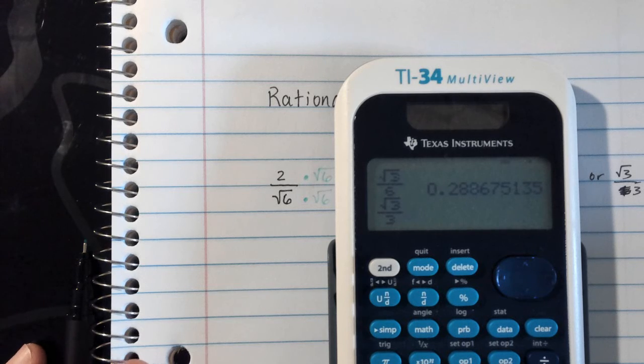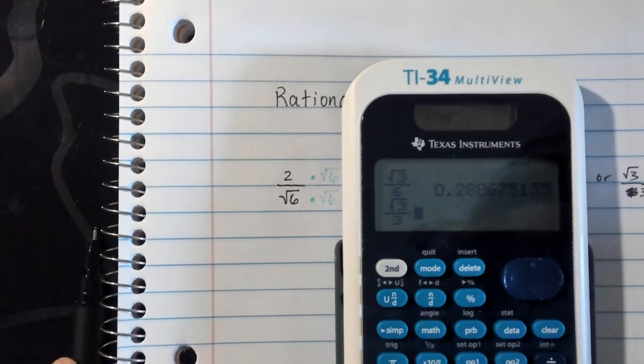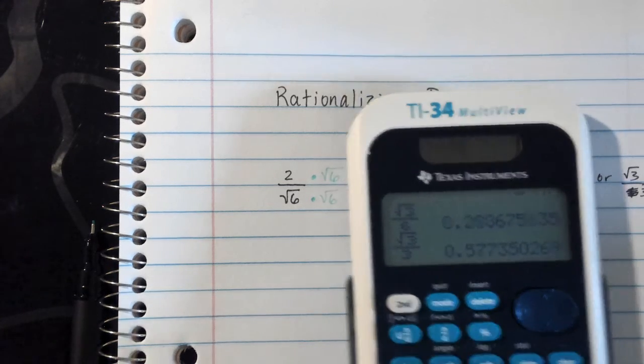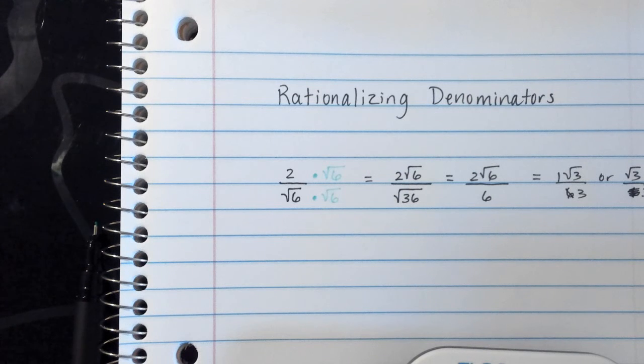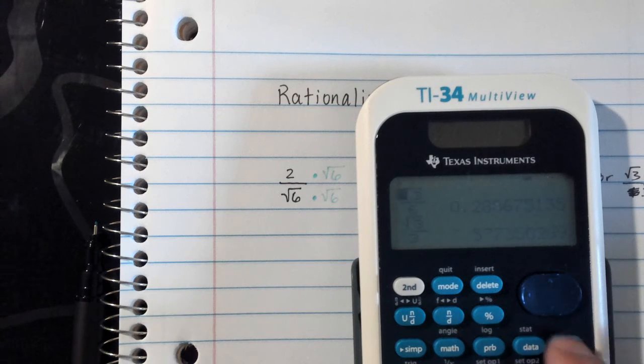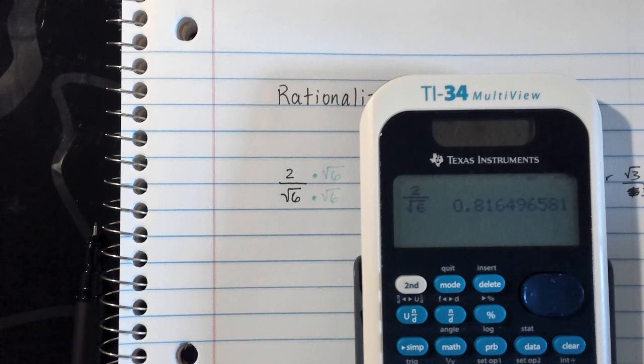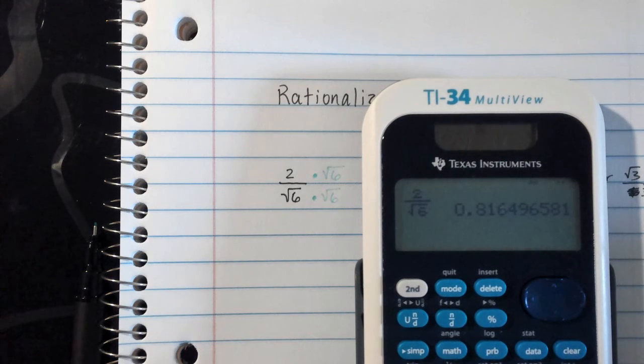Talking to a stinking whatever this thing is, not as easy as you would think. So 0.57 and so on, and then 2 divided by the square root of 6 should have given me the same thing. Oh my goodness. 2 divided by the square root of 6. Why is it not the same?